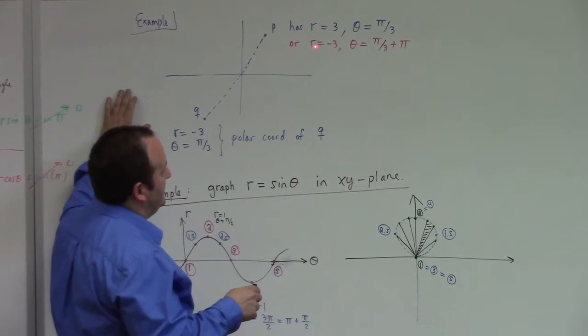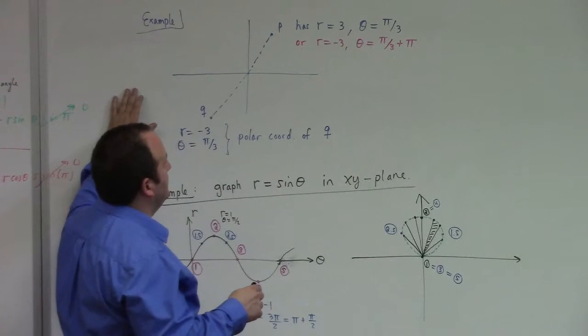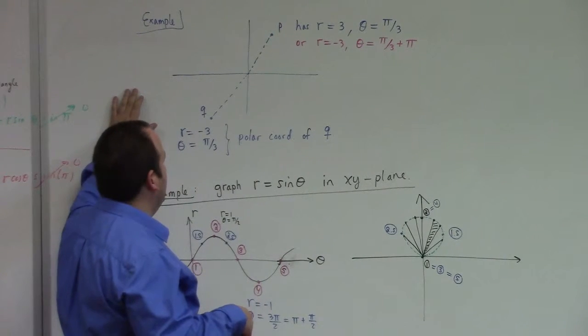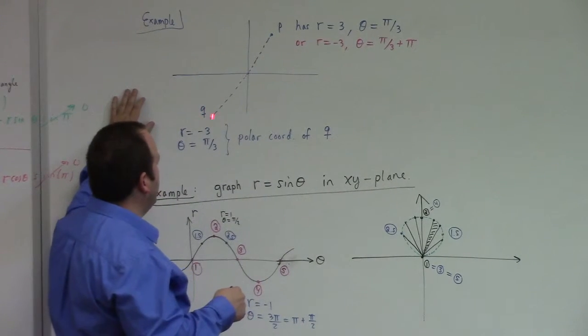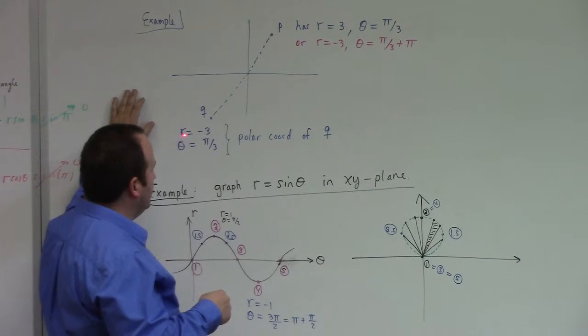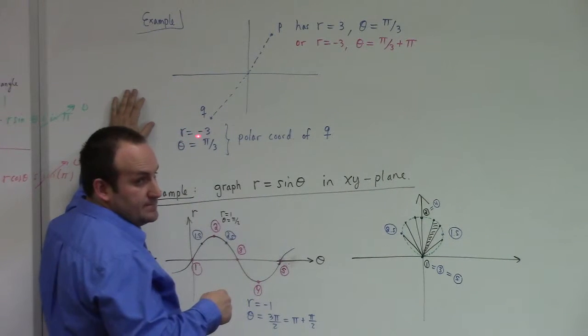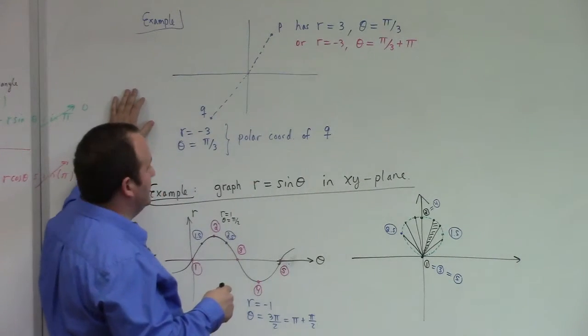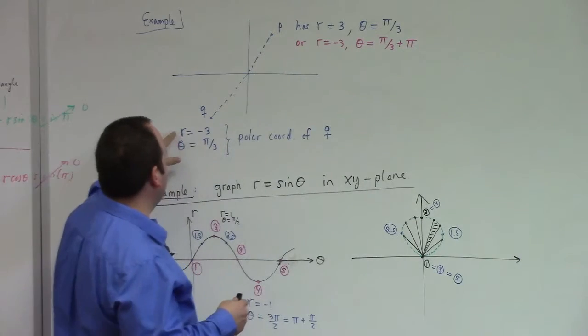I mean, I think that the description in pink is weird, right? But there it is. On the other hand, this point down here, Q, well, this has theta equals pi over 3, but r is equal to minus 3. See how that works? So pi over 3 is up here, but if I have negative radius, it flips it over.